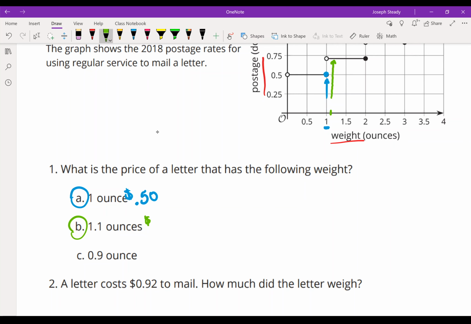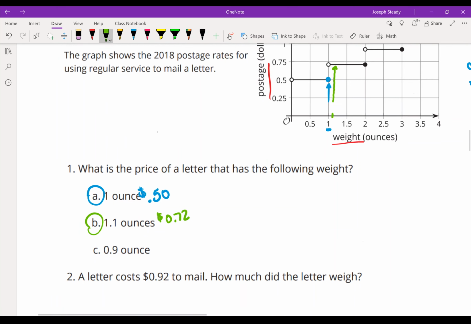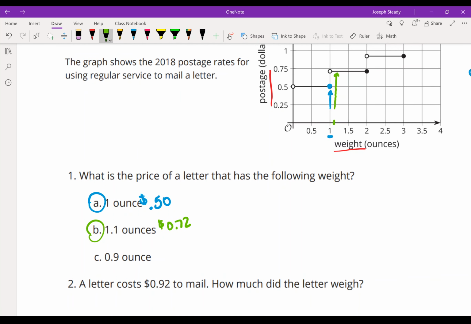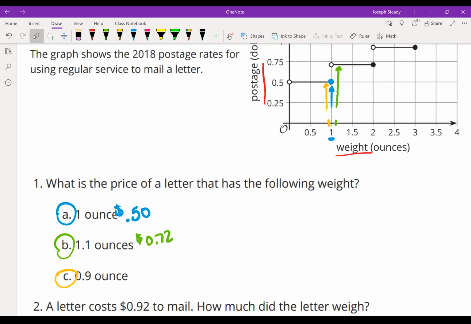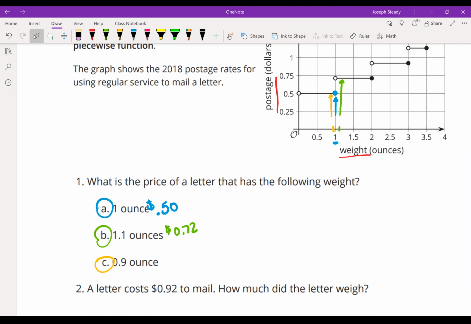So it costs me $0.72 to send a 1.1 ounce letter. And we'll do one last color. If it weighs 0.9 ounces, which is right around here, again, I'll trace up and see where that hits the graph, and that hits right there, which is just like the 1 ounce letter, 50 cents. So those actually have the same price, 50 cents both times.